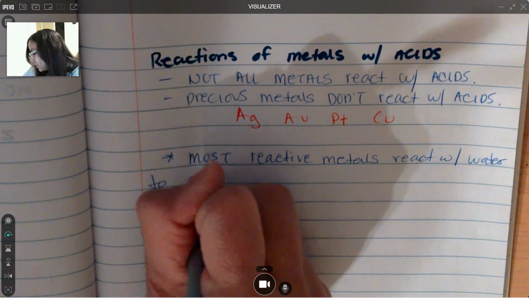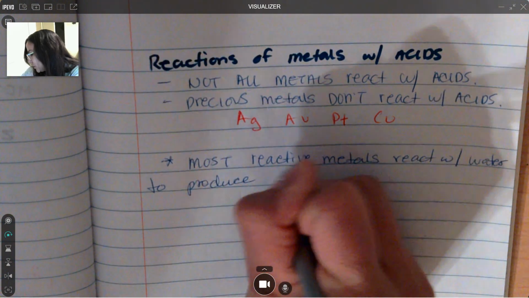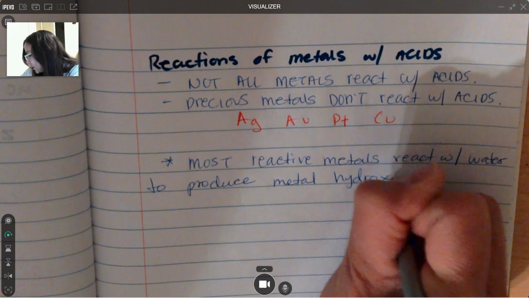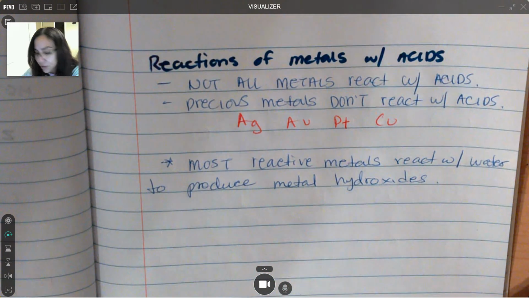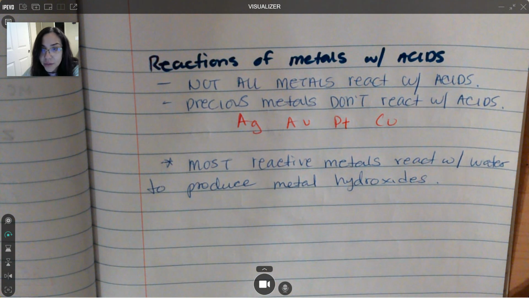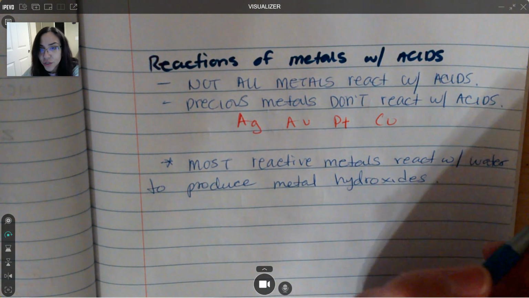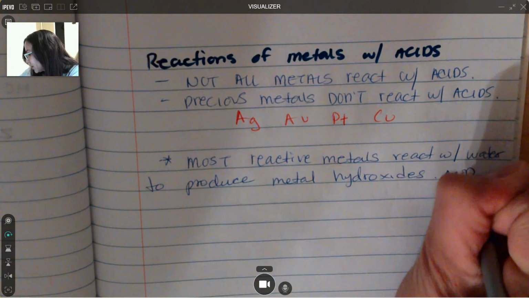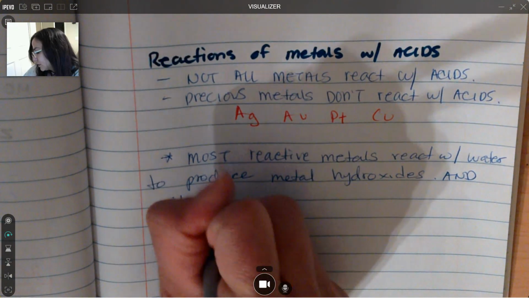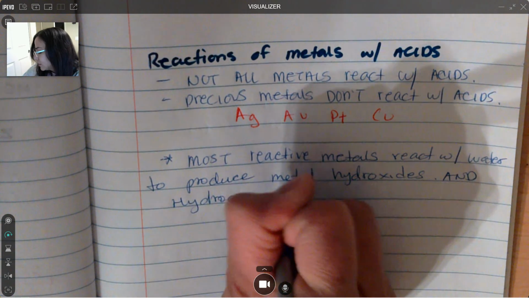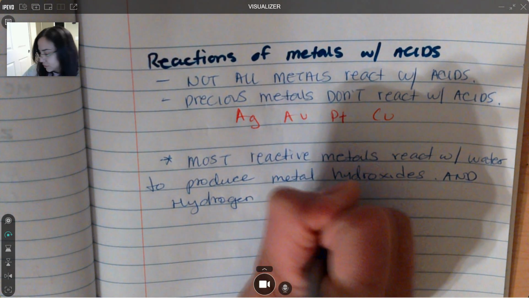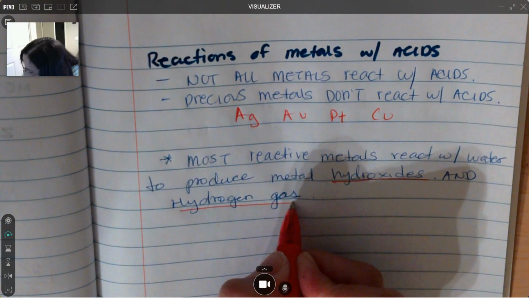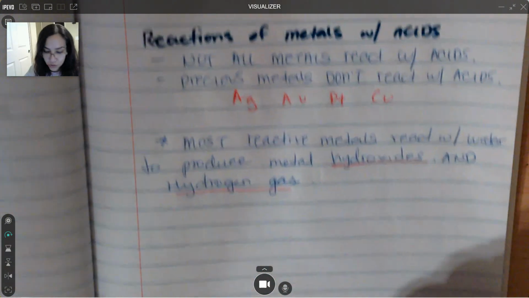And not just the metal hydroxide, but they're also going to produce hydrogen gas. So they're going to produce a hydroxide and hydrogen gas. Okay, so those two things.